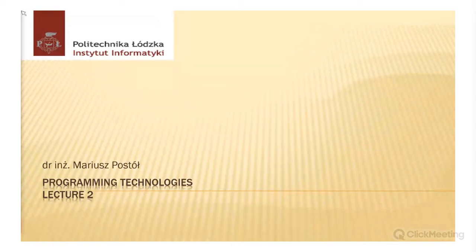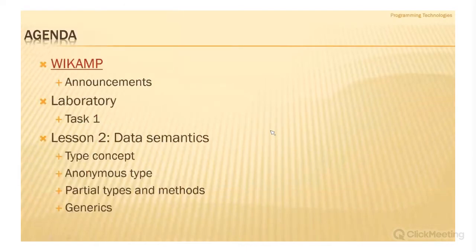So today, my plan is as follows. Okay, so for today, the agenda is as follows. First, I start with vCamp, if there is something new, I'm not sure. But the most important entry on my agenda is the description of task one.